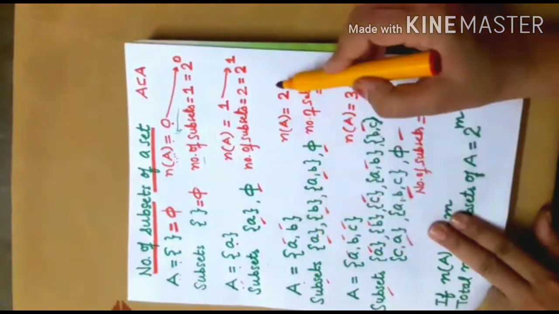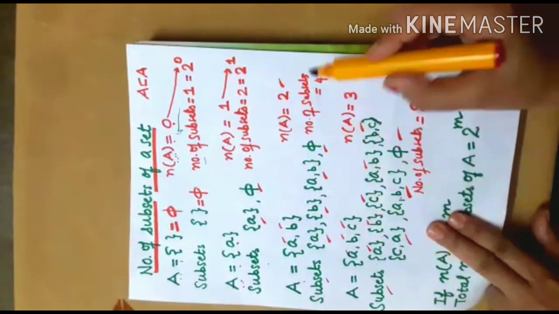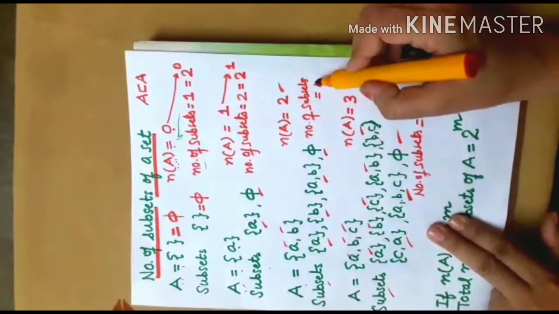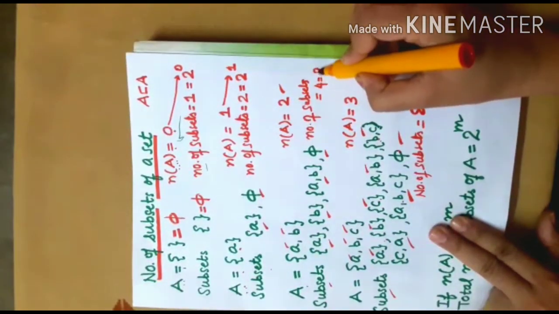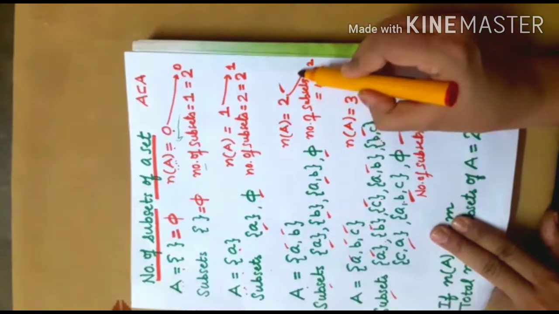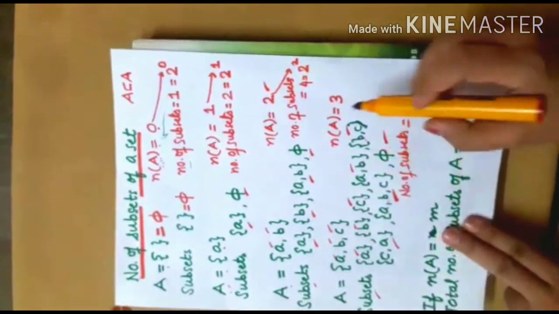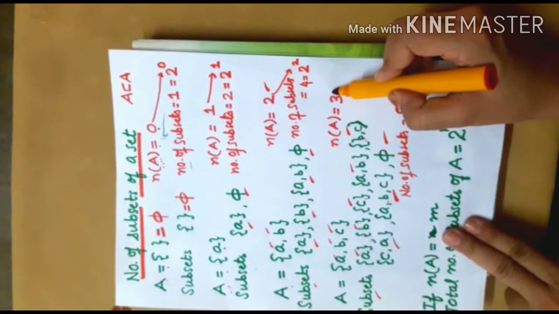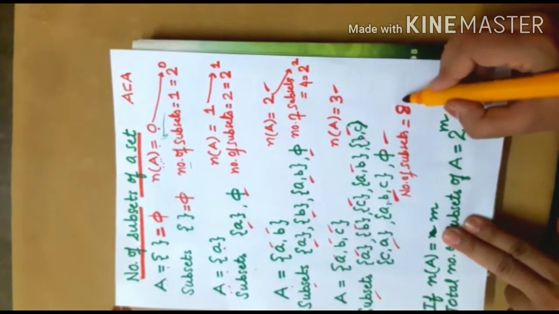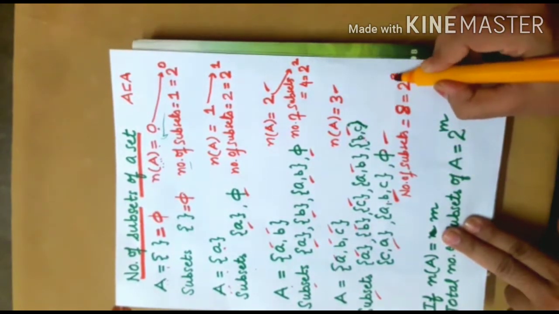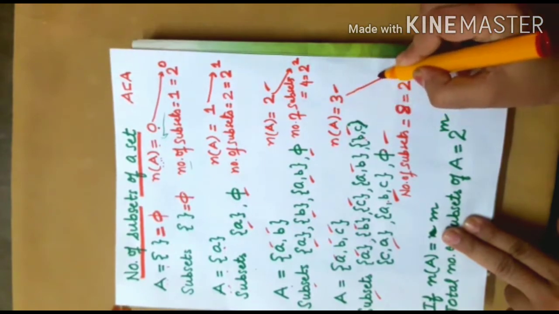Similarly, when the number of elements in the set was 2, the total number of subsets was 4, which is 2 raised to the power 2. When the number of elements in set A was 3, the total number of subsets was 2 raised to the power 3.